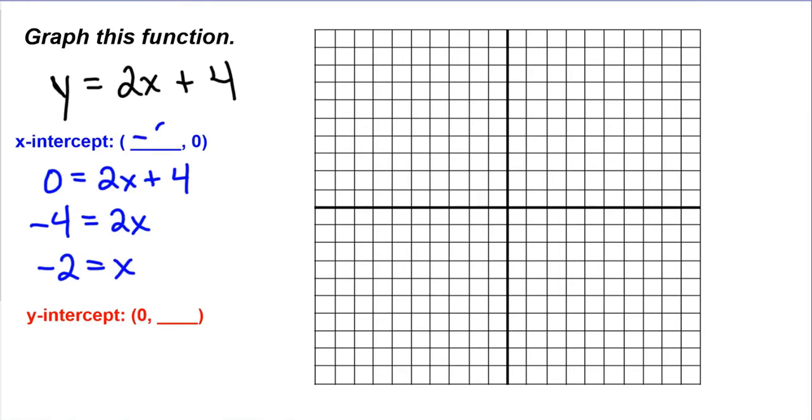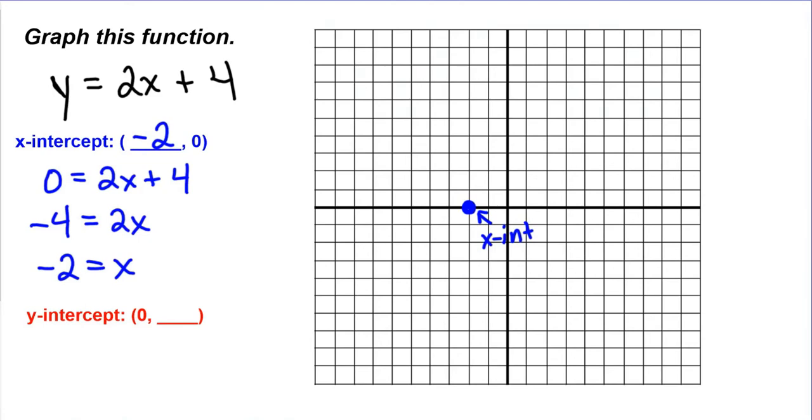So the solution to that equation is -2. So my x-intercept would be at -2. So if x is -2, y is 0. So that would be right here on my graph. So this is called the x-intercept, and I'm going to abbreviate that x-int. That is the x-intercept. So that's where the line is going to cross the x-axis.